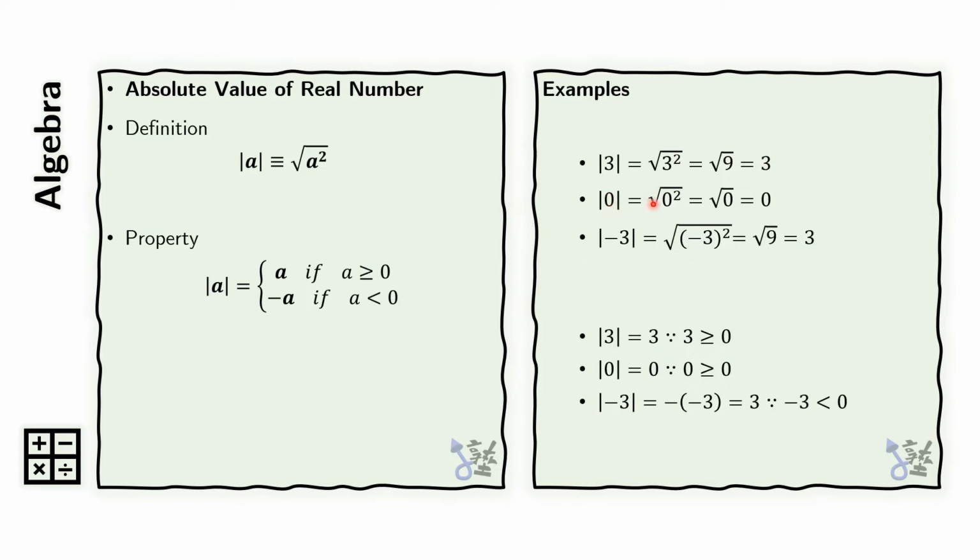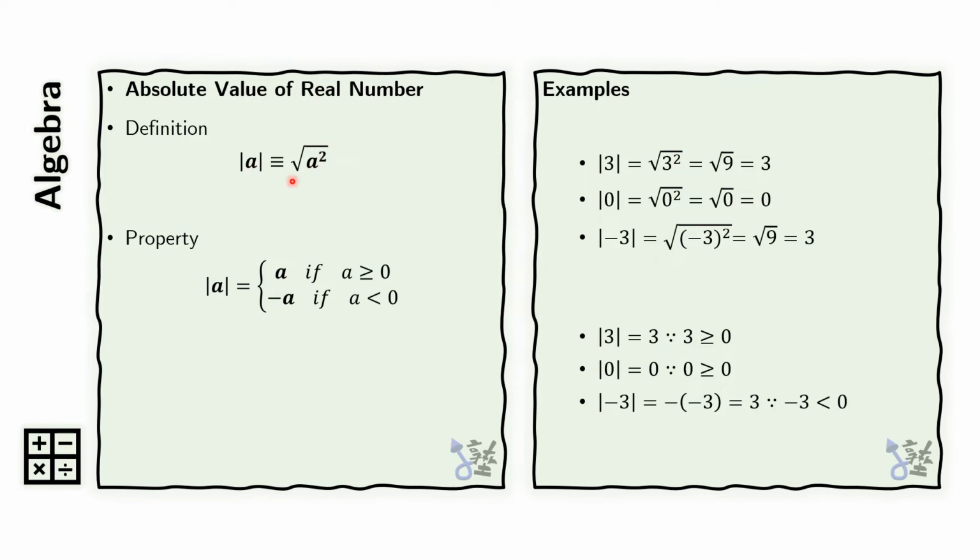We get the square of 0, which is just 0, and we get the principal root of that, which is again 0. So the absolute value of 0 is just 0. For a equals -3, we first square -3. We get 9. Then we get the principal root of that, which is 3. So we say that the absolute value of -3 is simply 3.